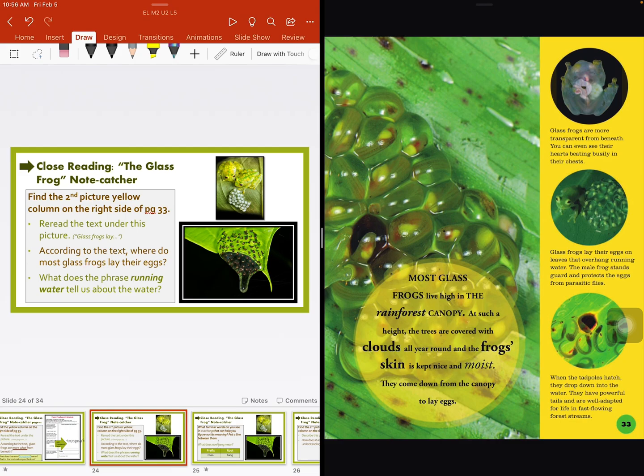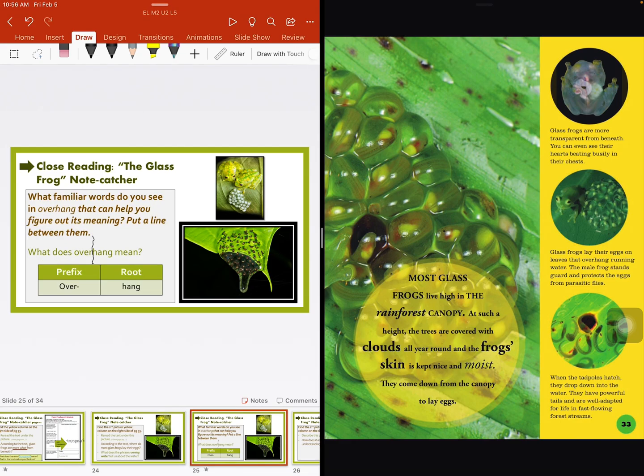And what does the phrase running water tell us about the water? Yes, it tells us that the water is moving. All right, what familiar words do you see in the word overhang that you can use to help figure out its meaning? Put a line between them. So in overhang, I see over, I know, and hang. So the prefix is over, and the root word is hang.